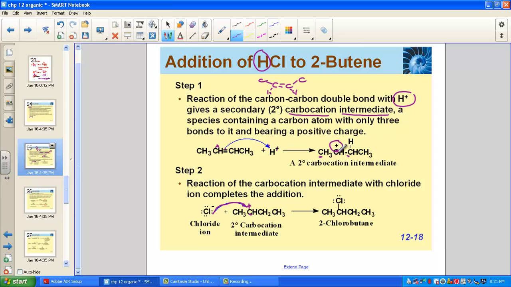Step 1 says add the hydrogen. We break the bond. Hydrogen attaches to the carbon with more hydrogen on it, leaving the other carbon slightly positive, to be a cation. In the second step, the chlorine attaches to that positive region, resulting in our final product, 2-chlorobutane.